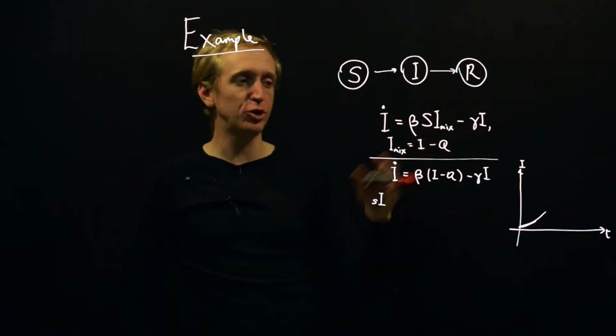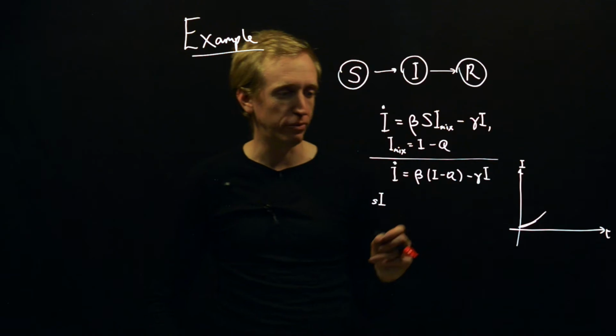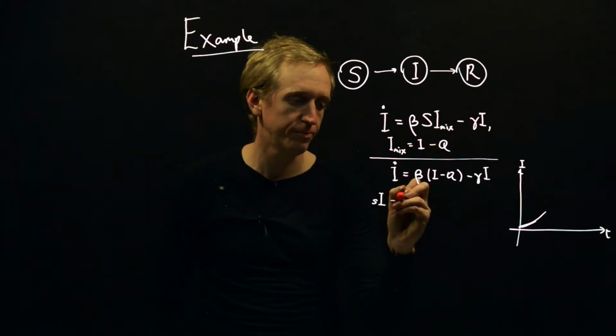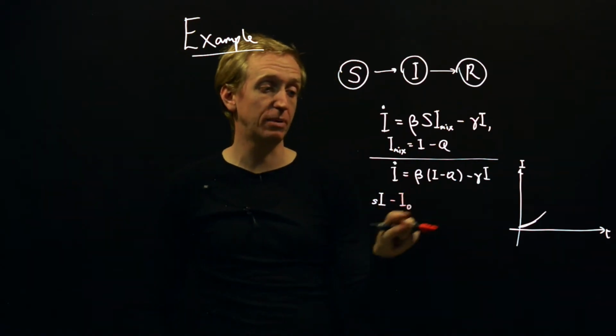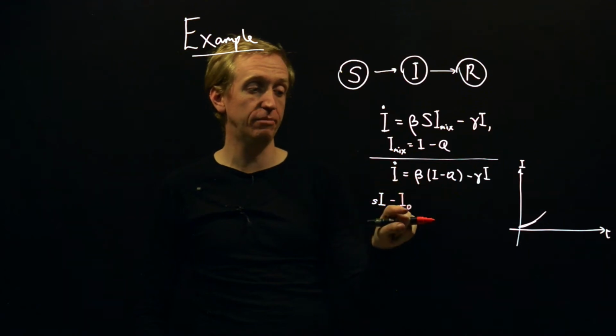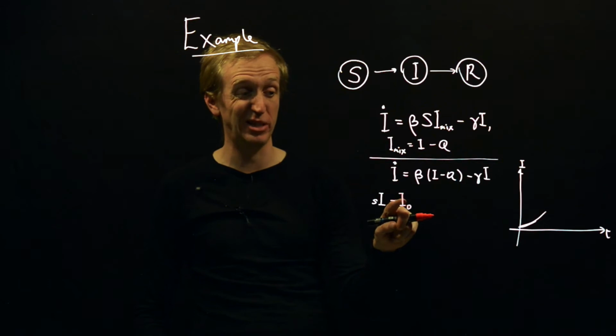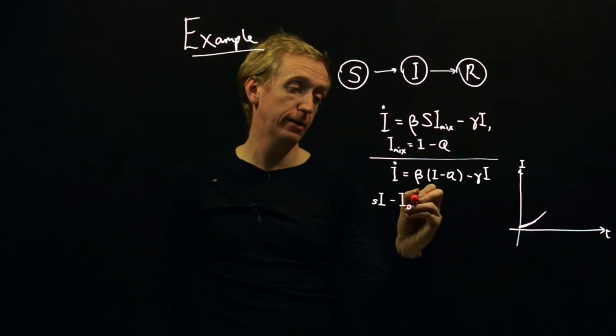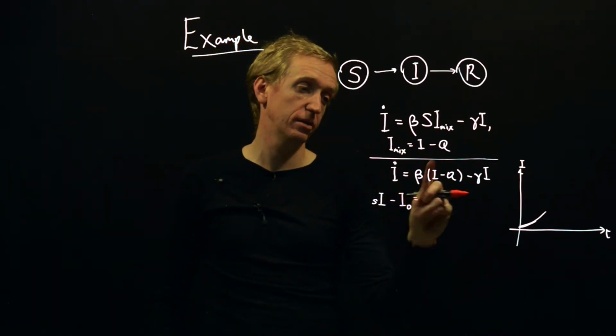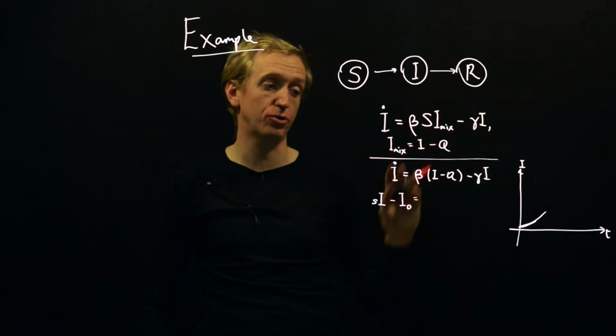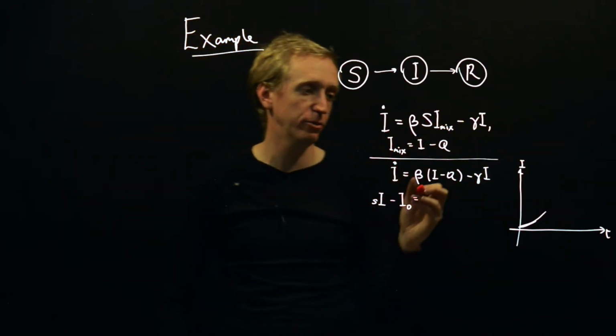So apologies for doing it here, but we've come this far, so let's continue. This is the Laplace transform of dI by dt. I0 is the size of our infectious population at the beginning. We're assuming this is a very small number. And then all of this, when we Laplace transform it, we just get variables and constants.